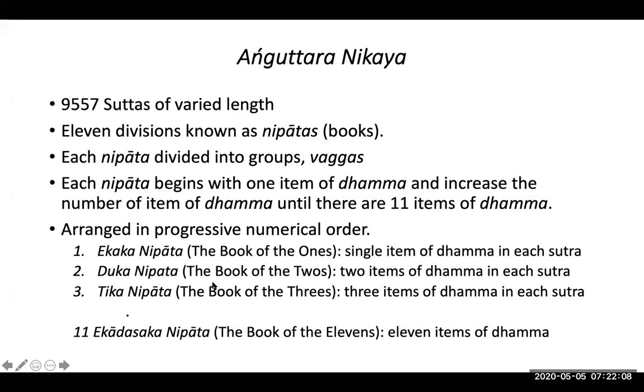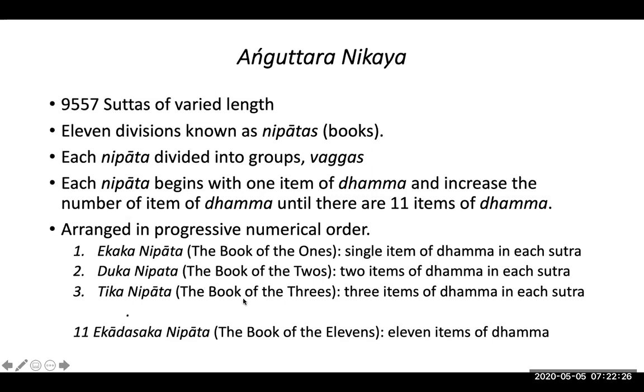The second Nipata, Duka Nipata, contains two items of Dhamma in each sutra, called the Book of the Twos. And so forth, the Book of the Threes, the Book of the Fours.